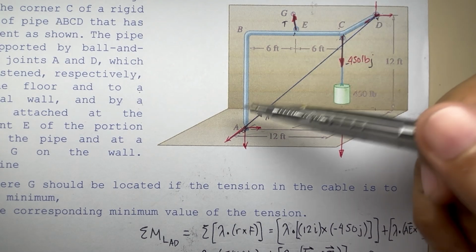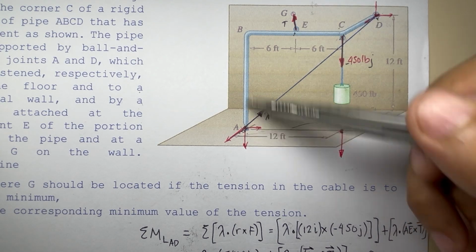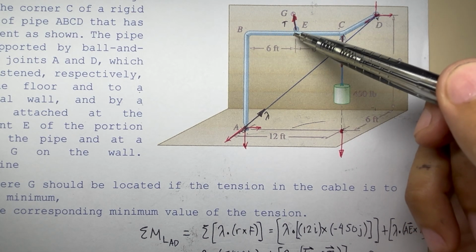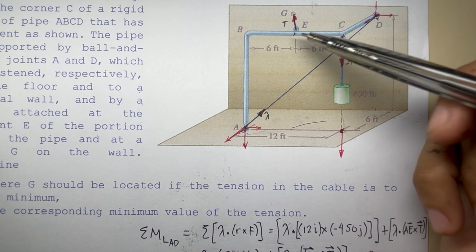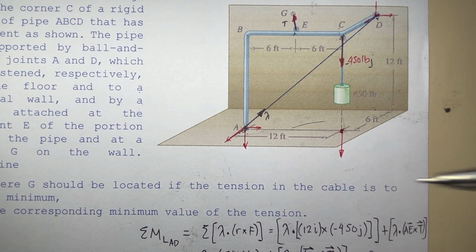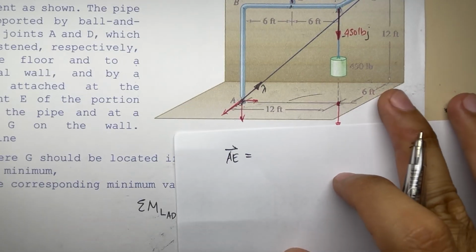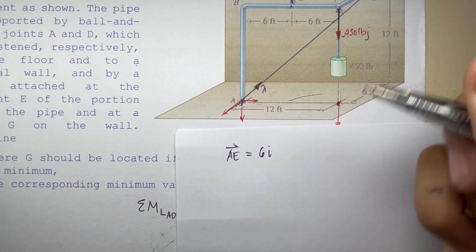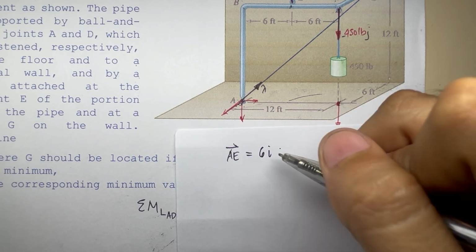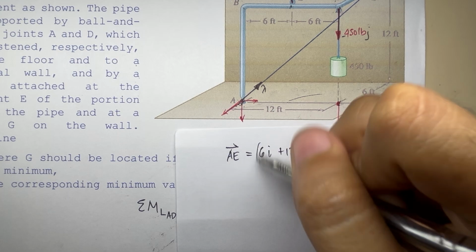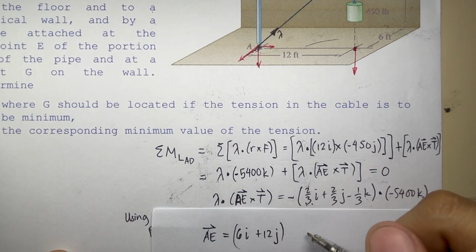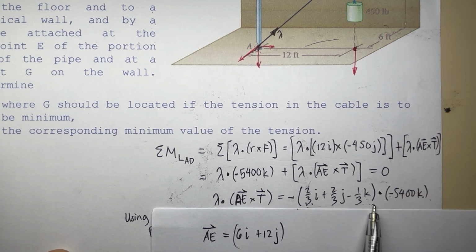By climbing up 12 units, and then going to the right along the positive x-axis by 6 units, or 6 feet. So we have AE equal to 6I plus 12J. Our lambda is this expression here.